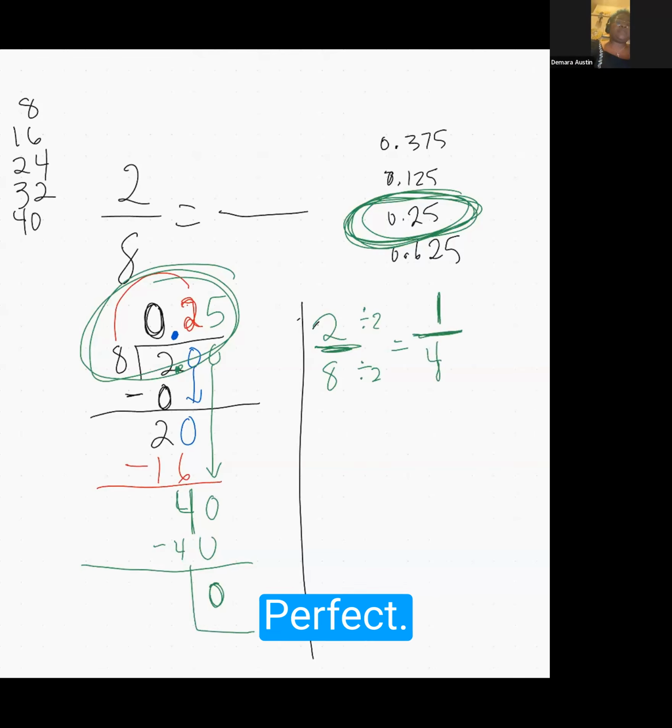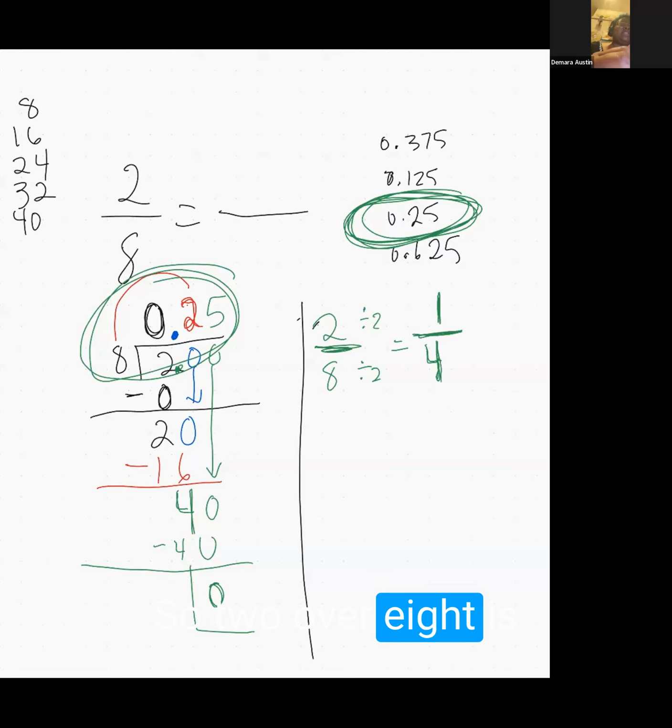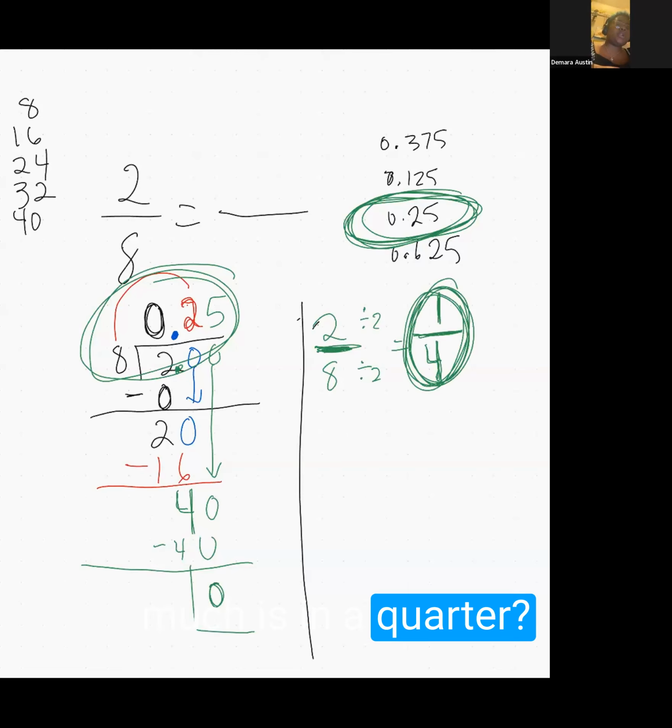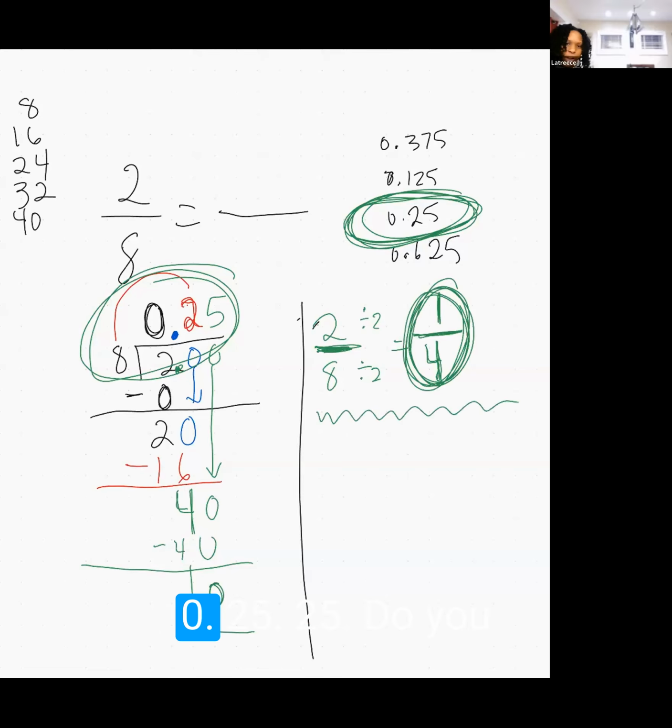Perfect. All right. So 2 over 8 is the same fraction as 1 over 4. How are you with your change amounts? Do you know how much is in a quarter? 25 cents.